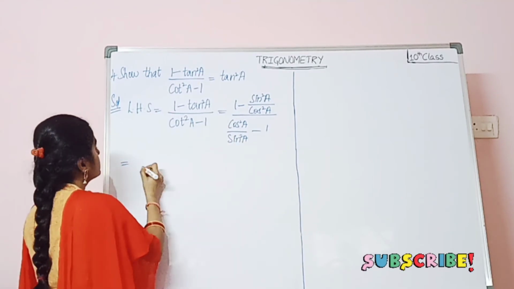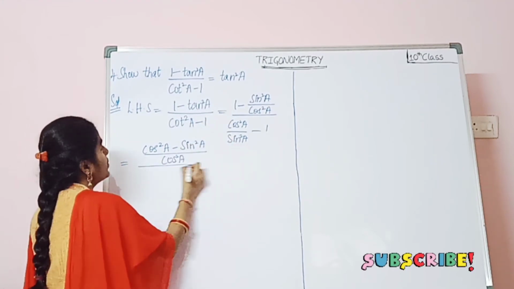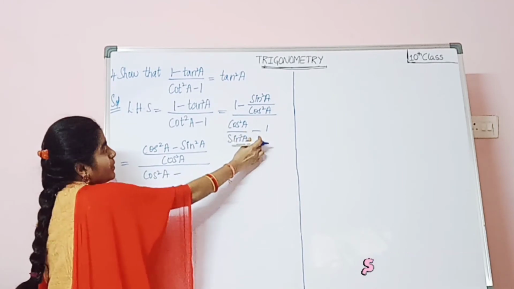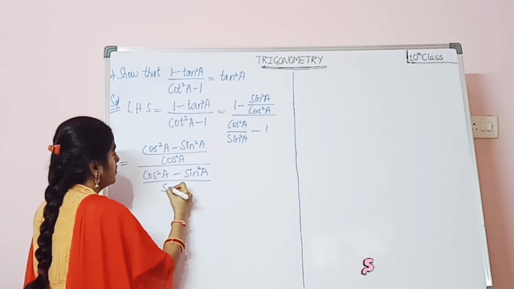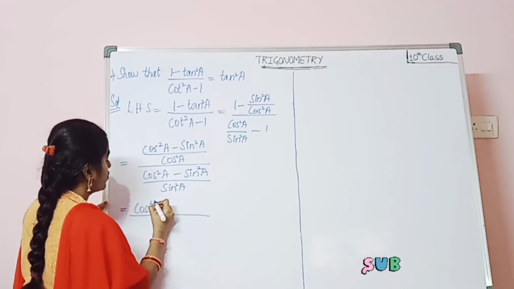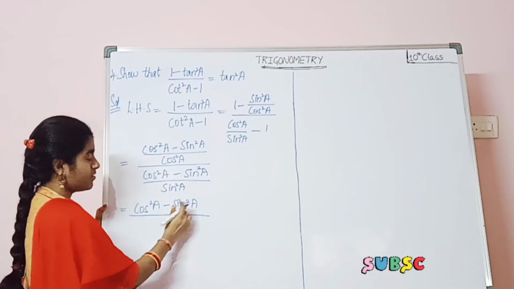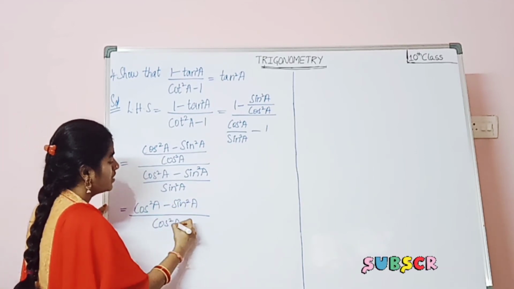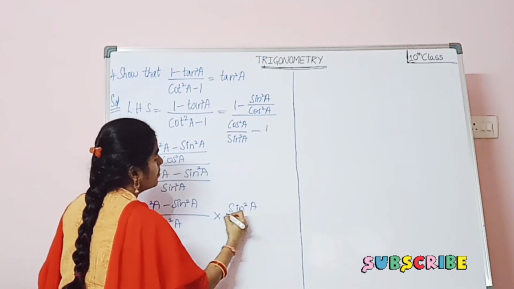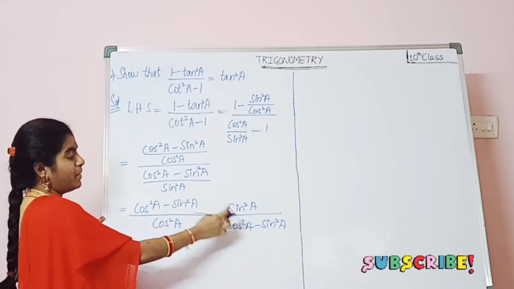Now here we have to take the LCM. 1 into cos square a means cos square a by cos square a, minus 1 into sin square a by cos square a, over cos square a by sin square a minus 1 into sin square a by sin square a. That equals cos square a minus sin square a by cos square a into sin square a by cos square a minus sin square a.